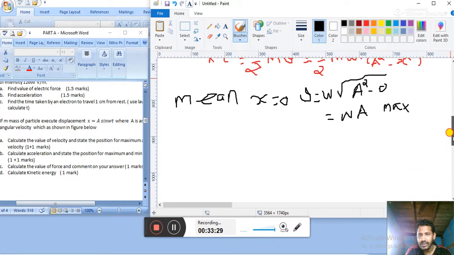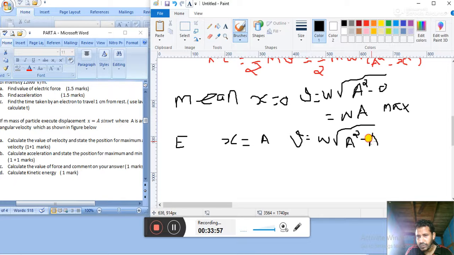At the extreme position, x equals a. Putting this value into the expression for v, we get v equals omega root over a square minus a square, that is 0. So at the extreme position the velocity is 0, and at the mean position the velocity is maximum, that is omega a.